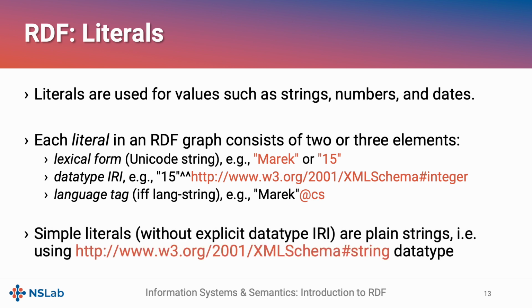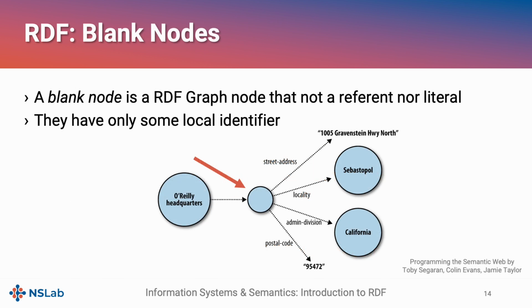When we are using literals, there are some implicit expectations. So if you do not specify explicitly the data type, it is a plain string. If you specify just the language tag, then it expects a language string to be used there. And now we are finally coming to the blank nodes that I mentioned a few slides earlier.